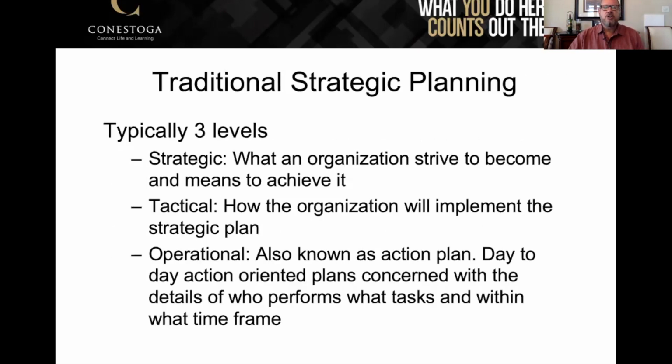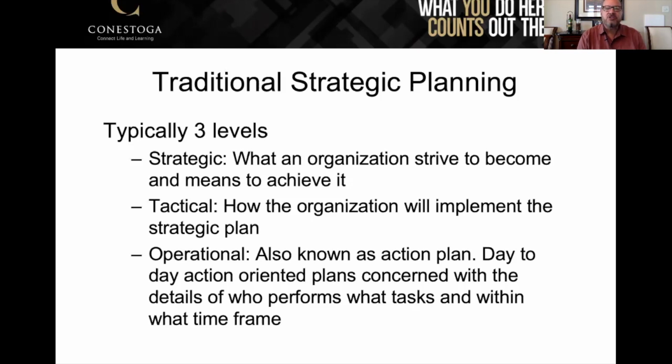Typically, your strategic planning happens at least three levels. It starts strategic, which is usually the top of the organization, and it's much farther out and broader and more encompassing. As you start to translate that into today and some of the things we do over the next series of months or years, you start to develop more of a tactical plan.